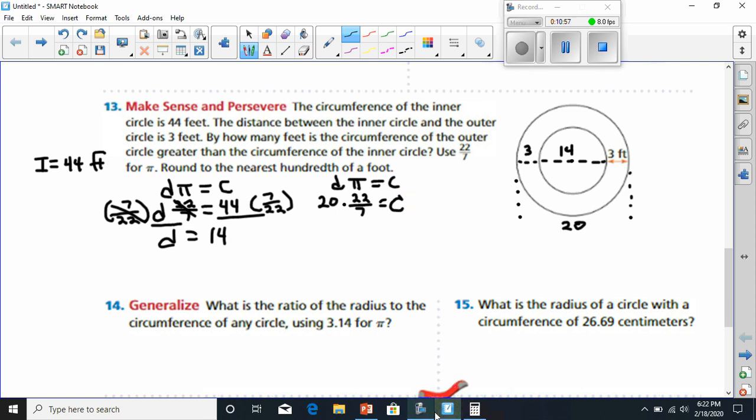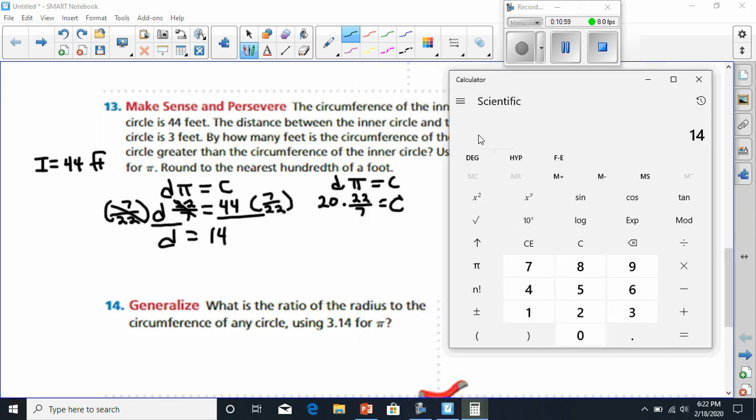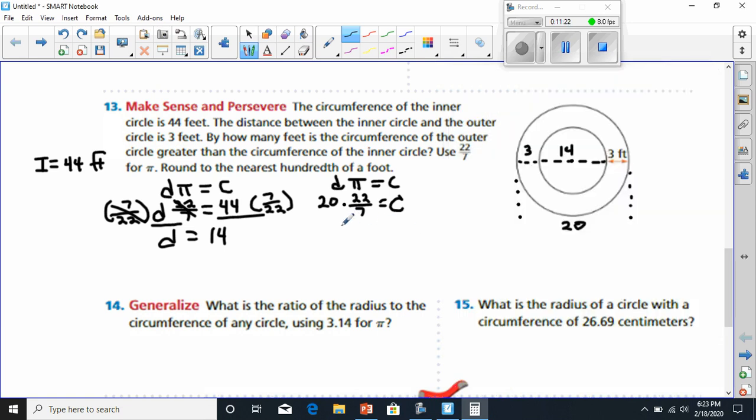Or I can use my calculator again, and I see that I have 20 times 22 divided by 7. It says round to the nearest hundredth of a foot, so that's going to be 62.86. 62.86 will be my circumference.